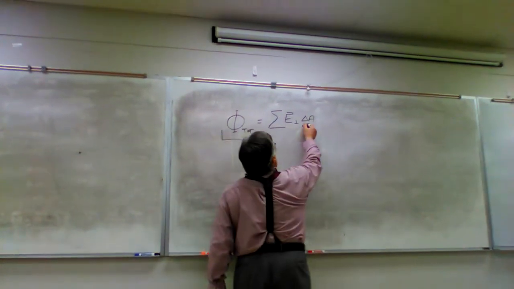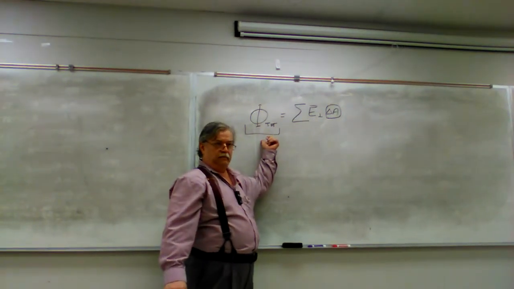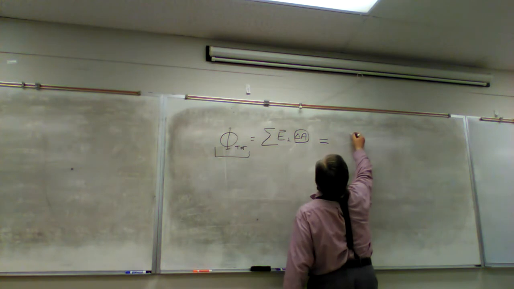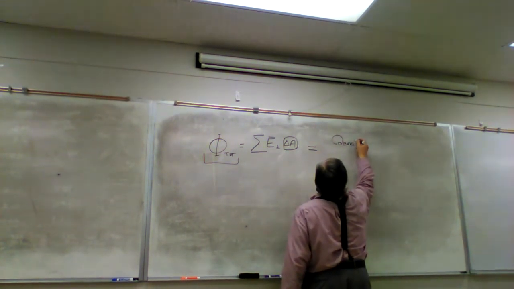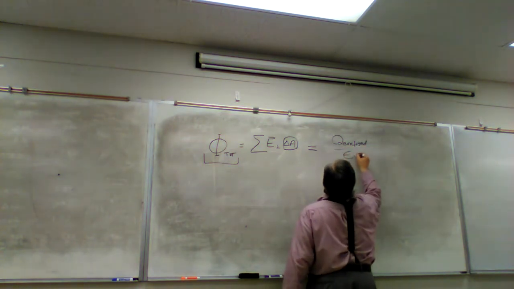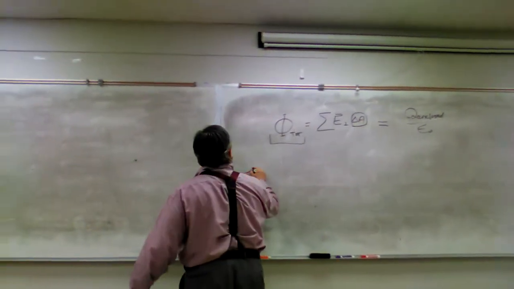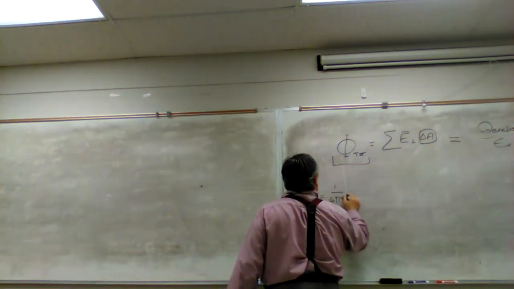There was no need to go in and calculate the surface area. That had already been done. That was equal to the enclosed charge divided by epsilon sub naught, which we related to K as K equals 1 over 4 pi epsilon sub naught.